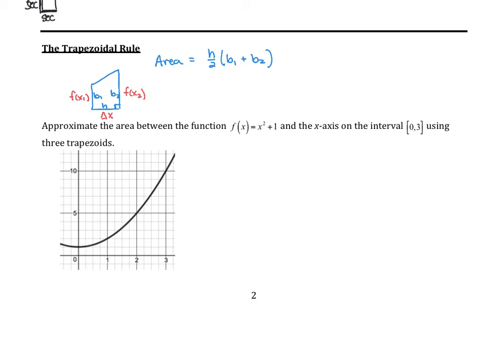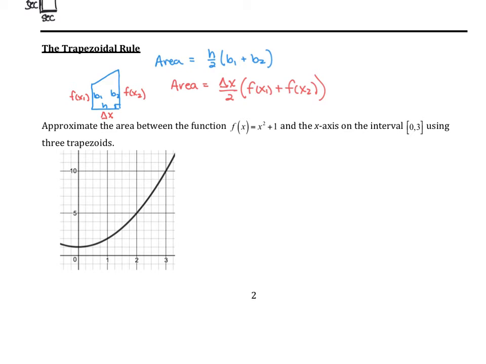So then the area that we actually are going to use is going to be delta x, that width, divided by 2, times f of x1 plus f of x2. Now let's look at what that looks like.